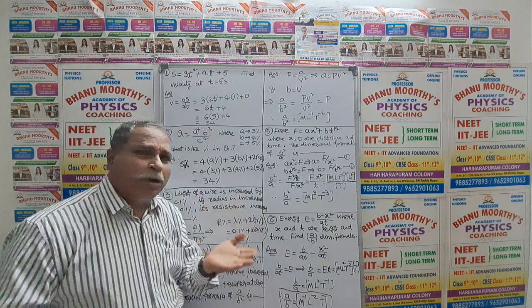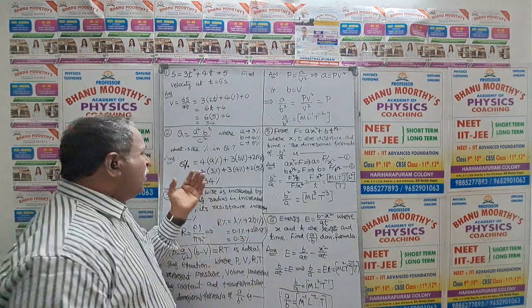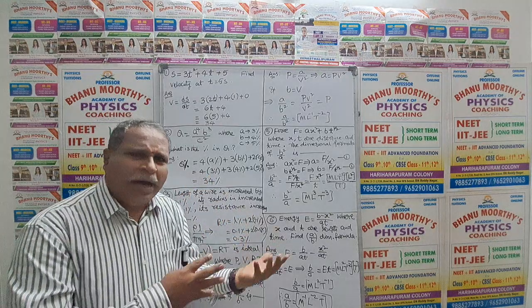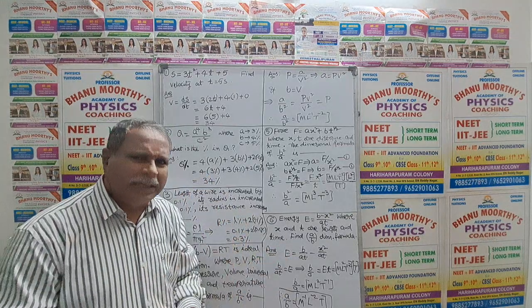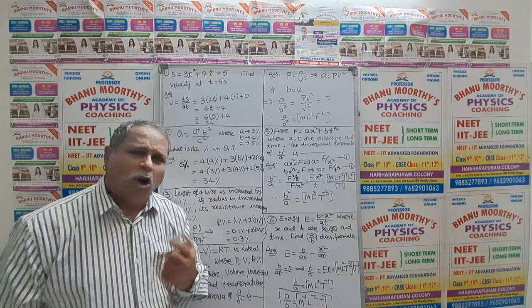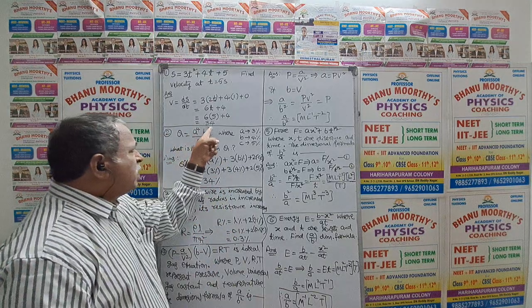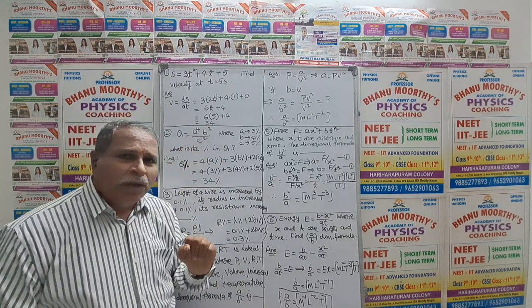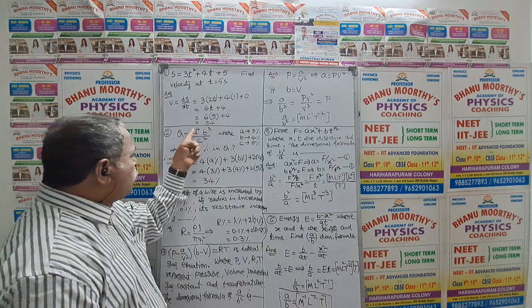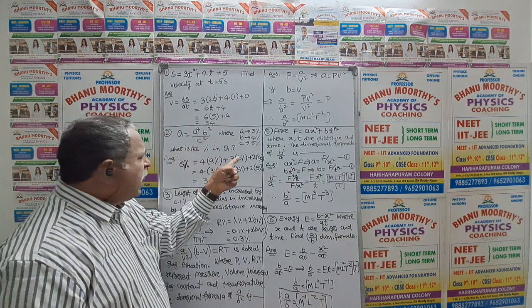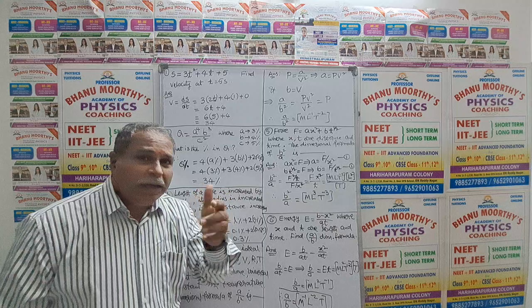This is nothing but a logarithmic-based question. If the percentages are below 10%, single-digit percentages, then you have to do it like this, using logarithms. Power times a percent, power times b percent, power times c percent. So 4 times a percent plus 3 times b percent, and c square is in the denominator.